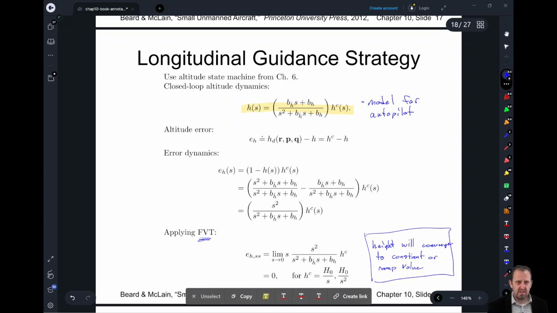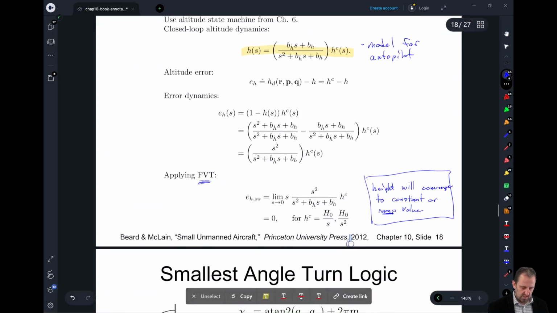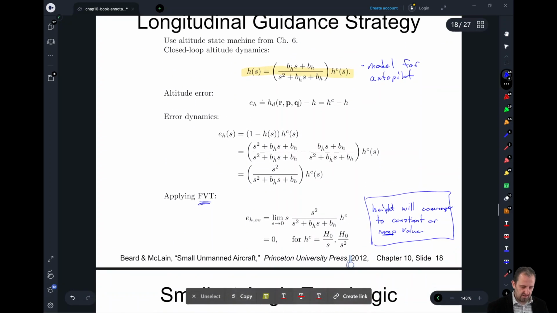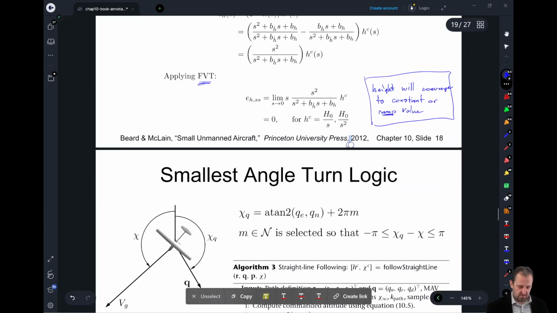So if this is our model for how height reacts to the commanded height, we can just give it a ramp, which is our line, and the control that we already have will get us to that desired value. As long as it's just changing linearly like that, then we're good to go. So we can apply the final value theorem to our transfer function of the height.